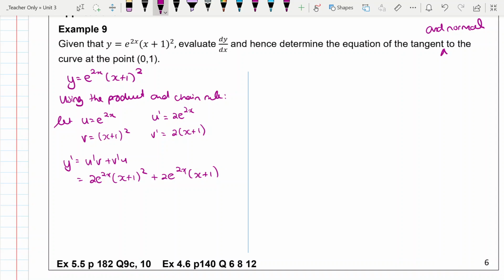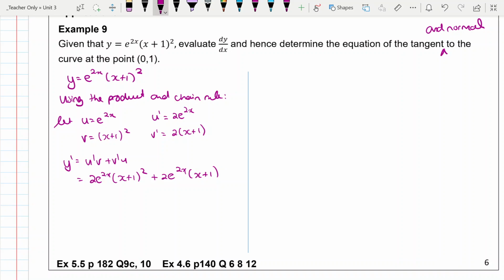Now I'm not going to spend time rearranging or simplifying that, because what I'm actually looking for is the equation of the tangent at the point when x is equal to 0.